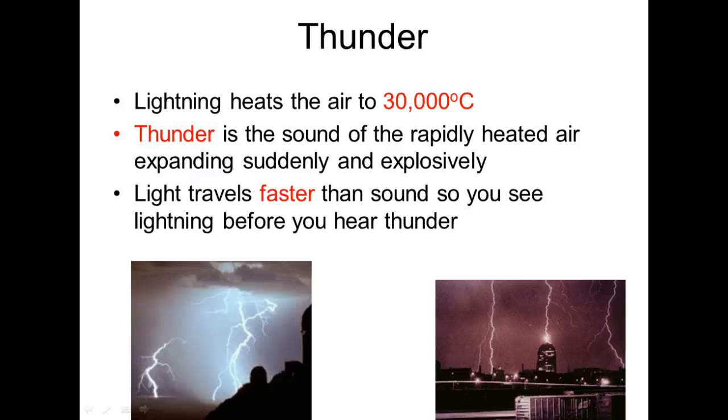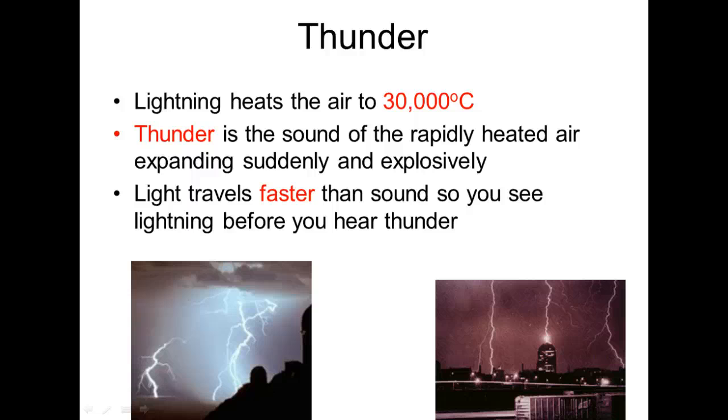Now, you see that flash of light, that lightning, because it's moving at 186,000 miles an hour, but you don't hear the sound right away because the sound's only traveling at 725 miles an hour. So make sure you get that in your notes. That's responsible for the time lag between thunder and lightning. It should be lightning and thunder, actually. That's responsible for the time lag, the speed that those things move.